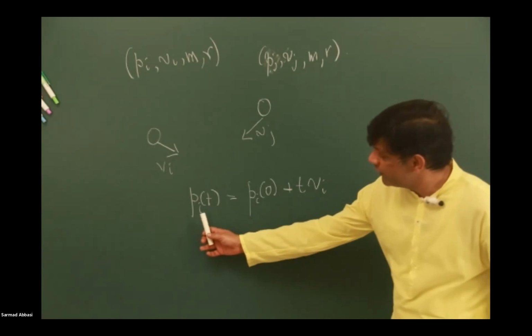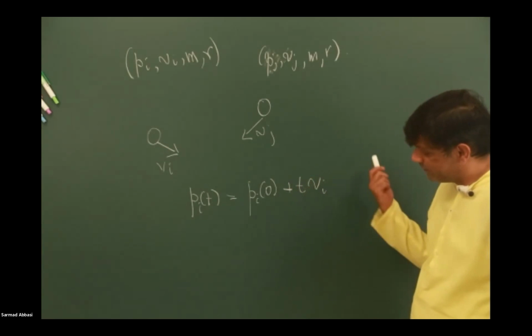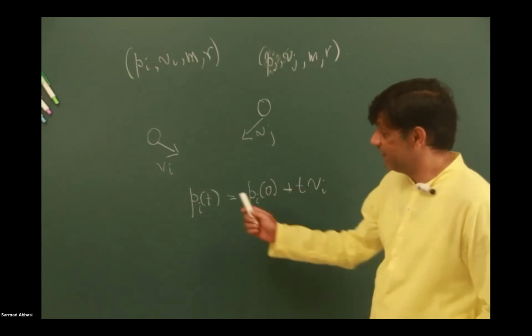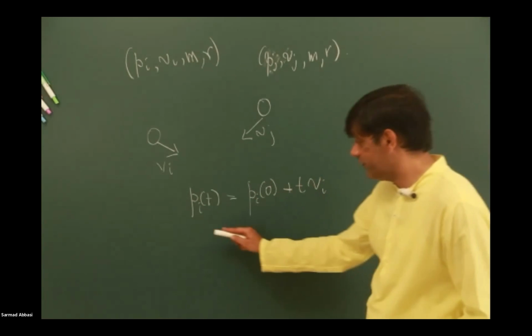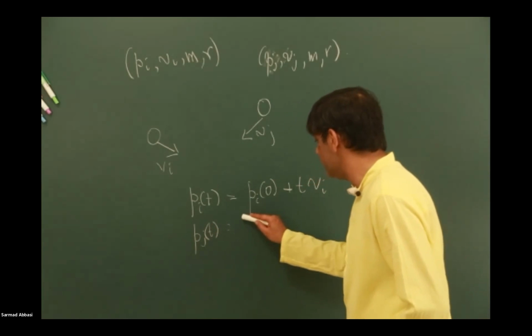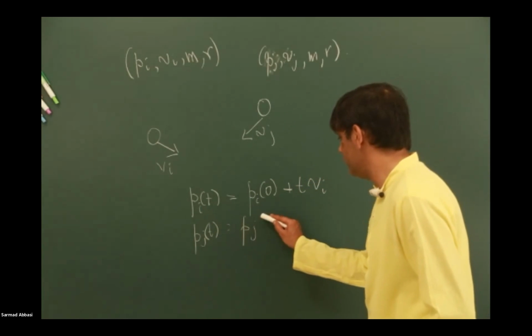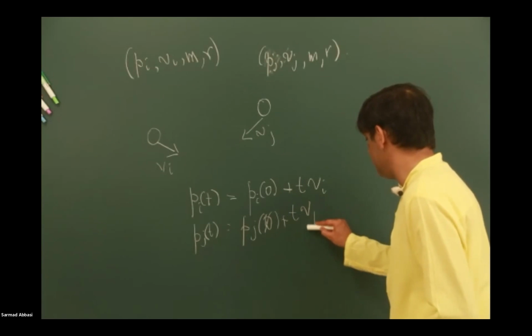So the position of the ith particle at time t is the position at time 0 plus t times the velocity, and for the jth particle, the same equation: position at time 0 plus t times Vj.